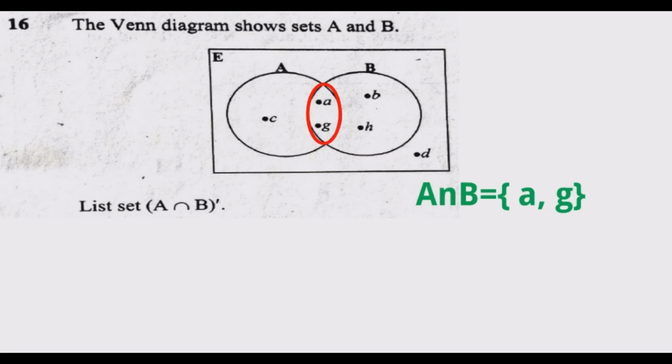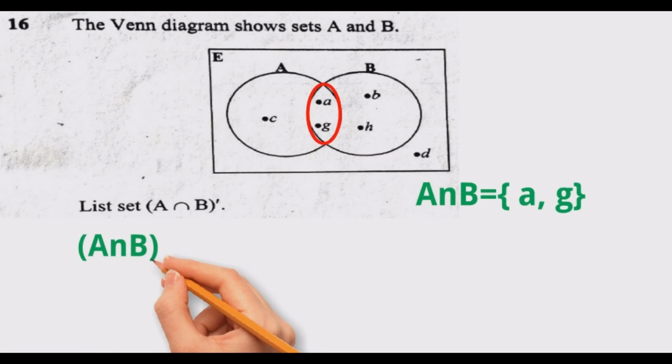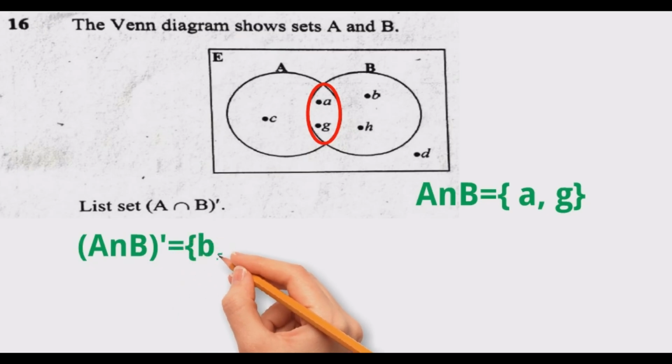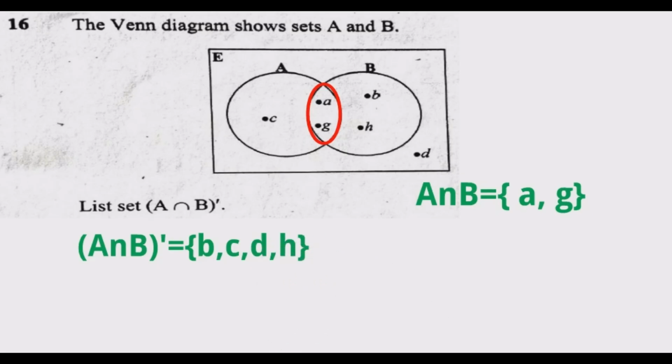We list the members of the set that does not belong in A intersection B. So we write A intersection B complement is equal to B, C, D, H. These don't belong in A intersection B. So therefore, these are the members of A intersection B complement set.